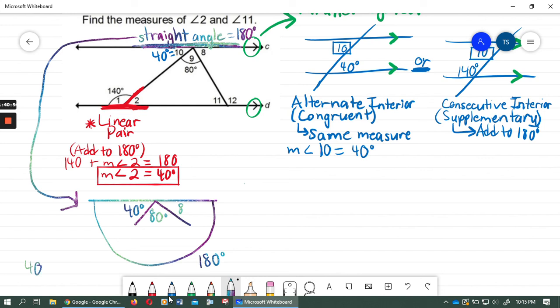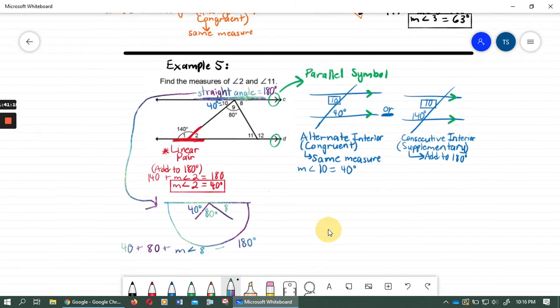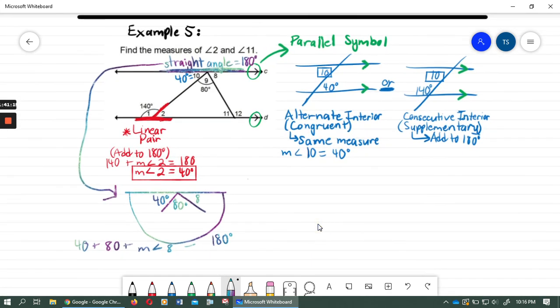So 40 plus 80 plus the measure of angle 8 equals 180.